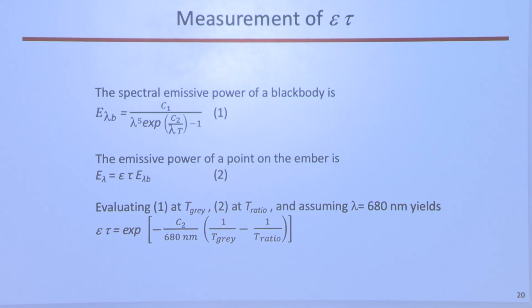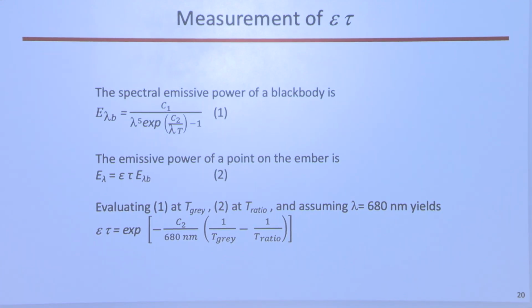But we also know that while the black body furnace acts like a black body, sold as certified to have an emissivity of 0.99 or higher, the ember doesn't. The ember has an emissivity times a transmittance, mostly ash, maybe a little bit of smoke, that actually reduces the emissive power.